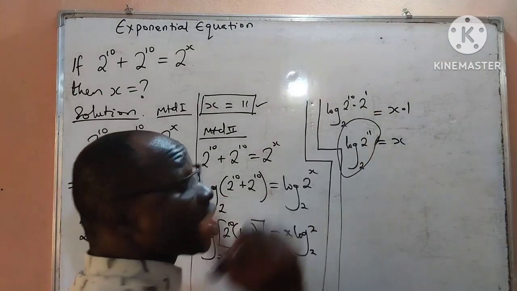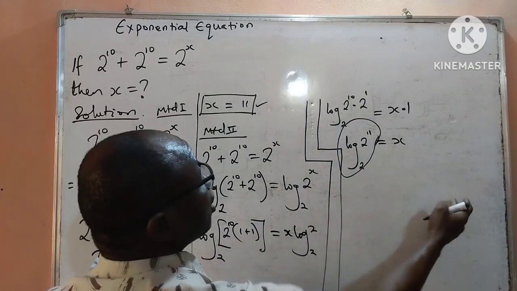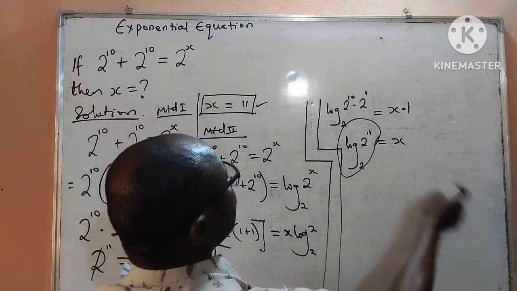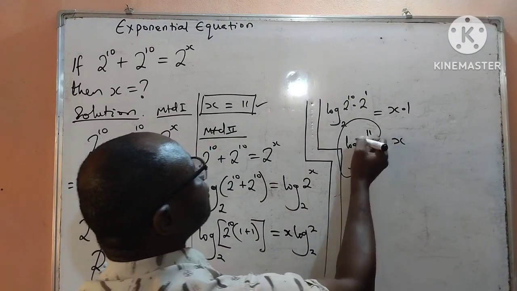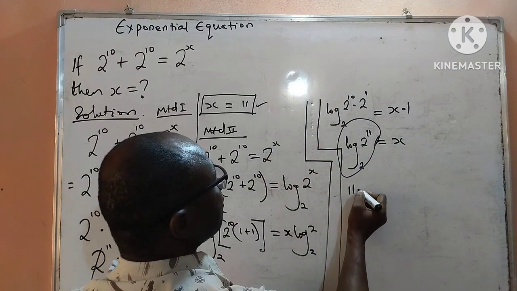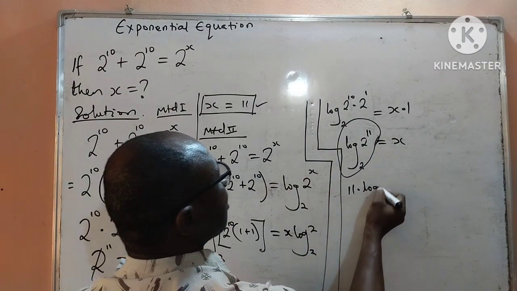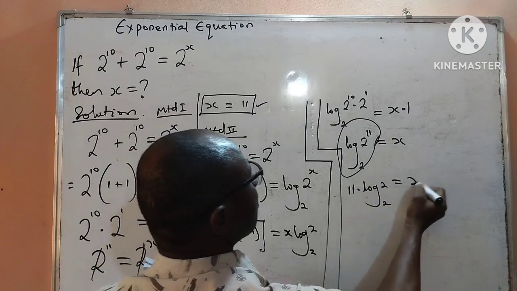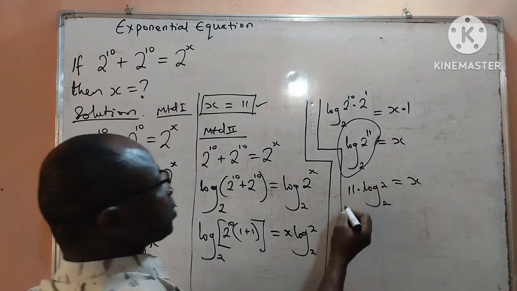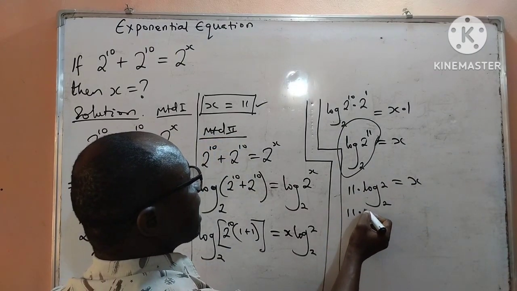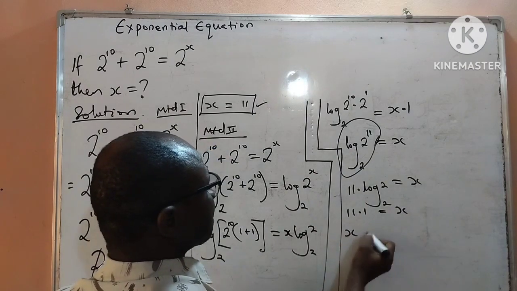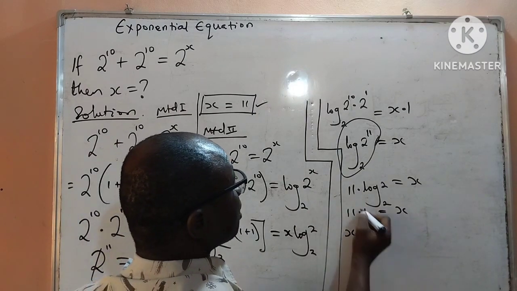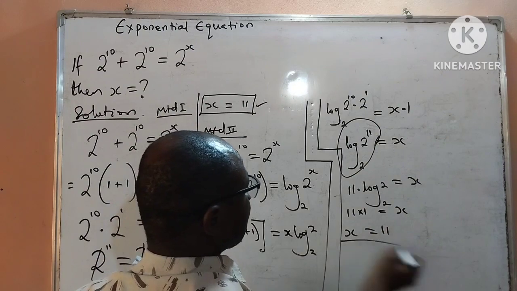And that means by the power law of logarithms, which I have explained here, this 11 now will move to the front to give me 11 multiplied by the logarithm of 2 base 2 equal to x. And log 2 base 2 is 1, so 11 times 1 is equal to x, meaning that x is 11 times 1, which is equal to 11.